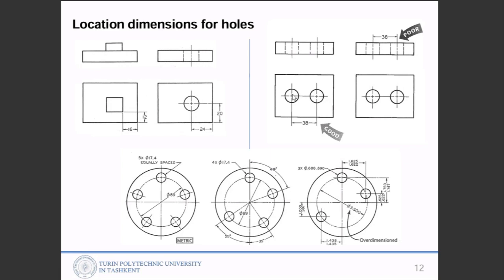On the right hand side, two similar parts are shown, the front view and the top view, the front view and then the top view. If you draw the dimension as shown on the right hand side, that's wrong, because in this view 38 is shown wrongly: the references are invisible, it has a dash line.